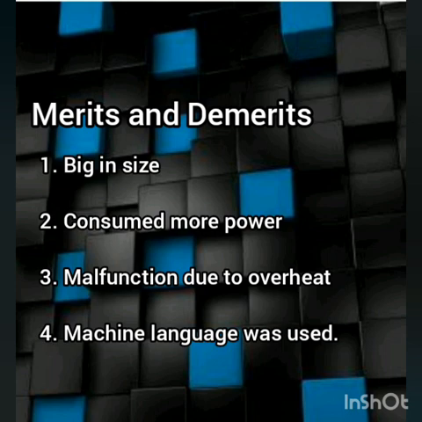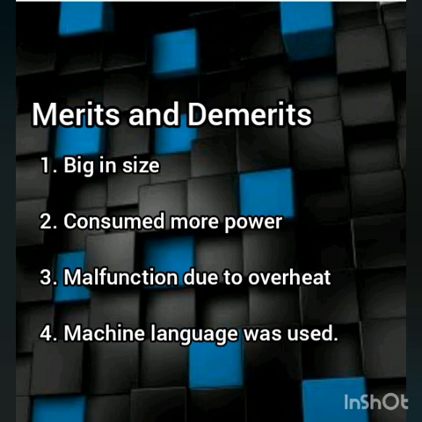And the third demerit is malfunction due to overheating. And the fourth one is that machine language was used. Machine language is nothing but a language that only the computer or device can understand. That is binary digits. Bi means 2, so binary digits means either 0 or 1.